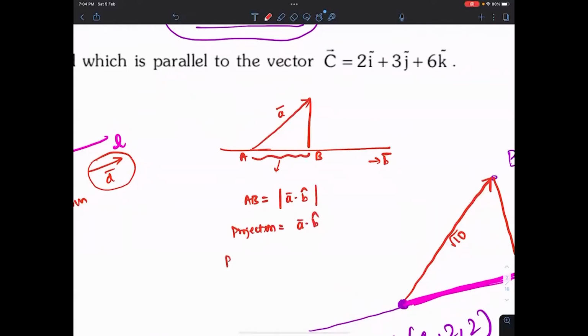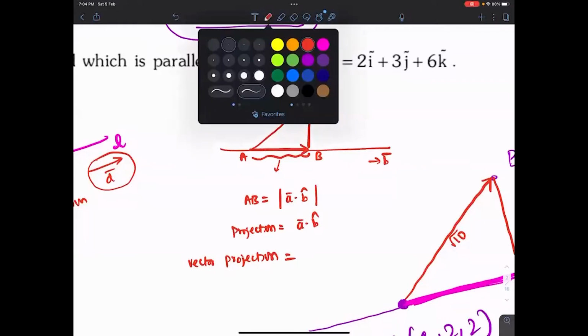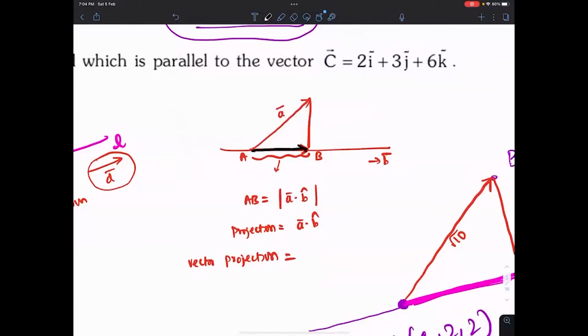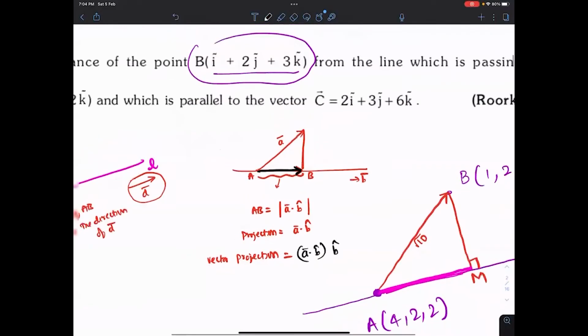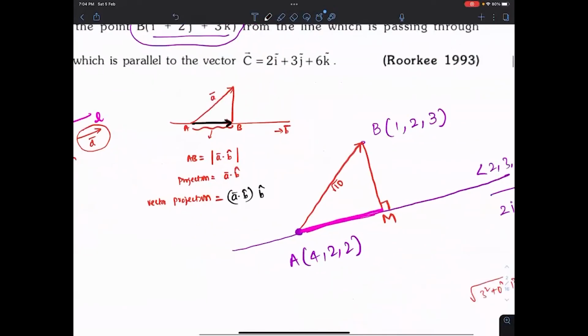And what is the vector projection? Just now we have seen: if you know the length of some vector, then that vector will be equal to the length of that vector into the unit vector in the direction. The length is A bar dot B cap, into the unit vector in the direction, which is B cap. Anyway, we are only interested in the length here, AM.